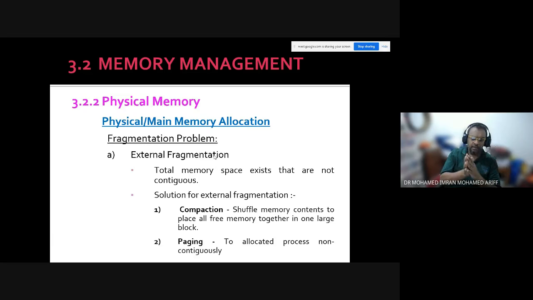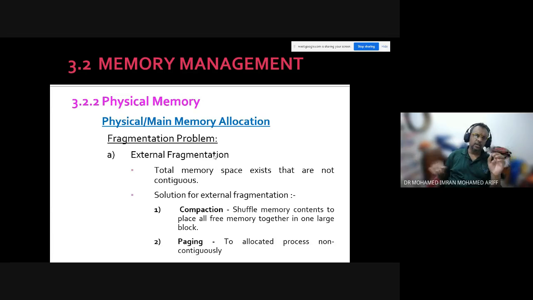Secondary memory in this book means your hard disk. So bear in mind, if you come across the notes in these slides or in this chapter, when you see the words main memory or physical memory, both mean your RAM. When the slide or the book says secondary memory, that means your hard disk.